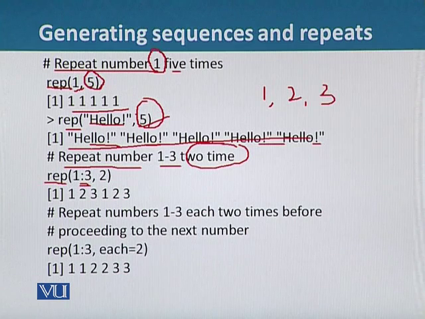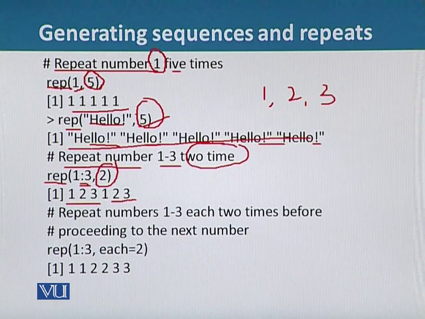We have already studied that 1 colon 3 means 1, 2 and 3. So we want to repeat this; this is the first argument, and how many times? 2 times. So 1, 2, 3 will be repeated 2 times, and we will get the answer 1, 2, 3 one time and 1, 2, 3 a second time.